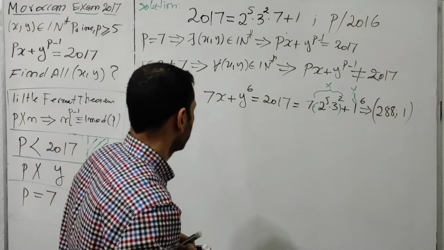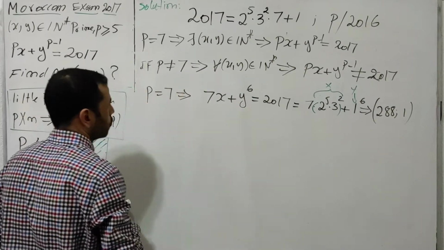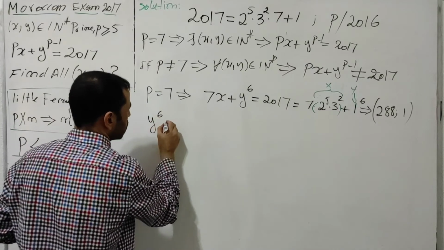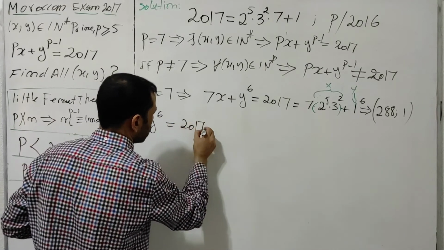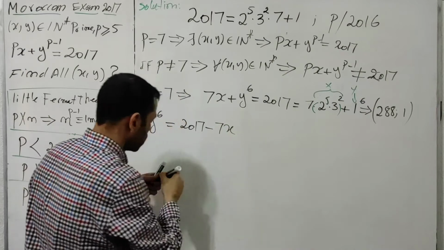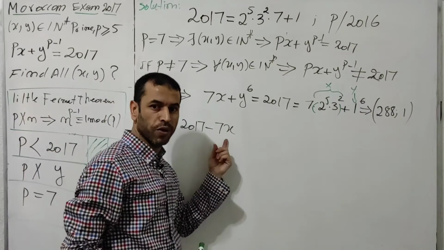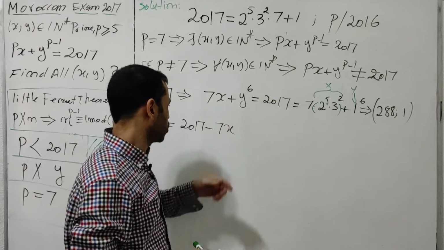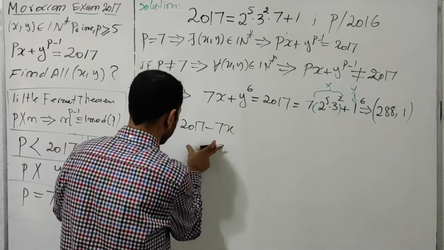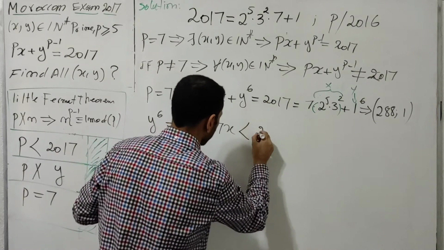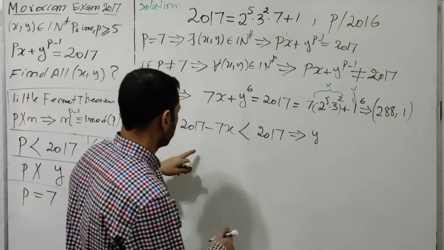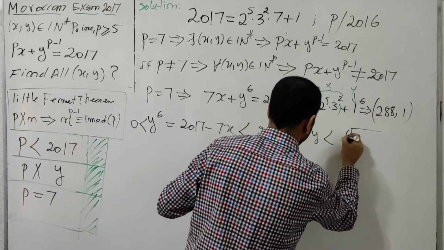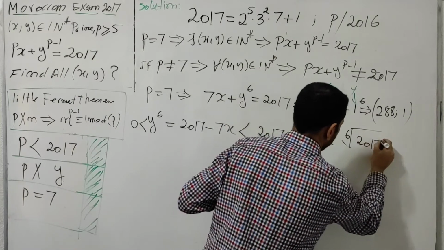I'm going to find the other solutions. If you take a look at this equation, we have y^6 equals 2017 minus 7x. Since we know 7x is strictly greater than 0, because x is a positive integer, this means y^6 is strictly less than 2017. So y is strictly less than the 6th root of 2017.